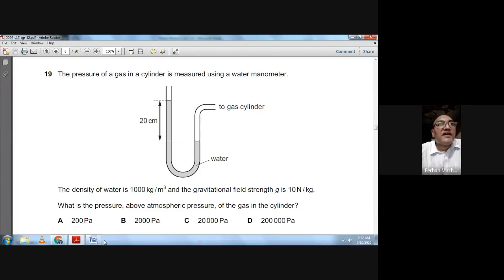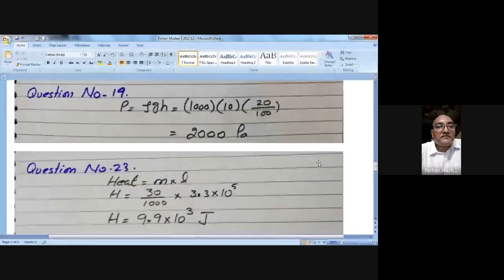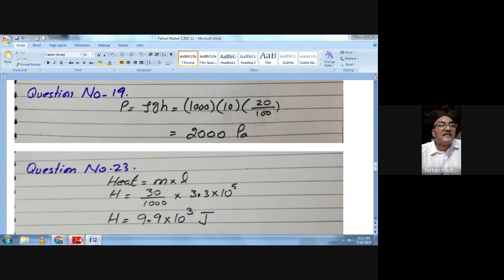That was question number 19, on your screen. Pressure equals rho g h, so 1000 multiplied by 10 multiplied by 20 divided by 100, converting from centimeter to meter, and the answer is 2000 Pascal. Question 19, 2000 Pascal is the answer.